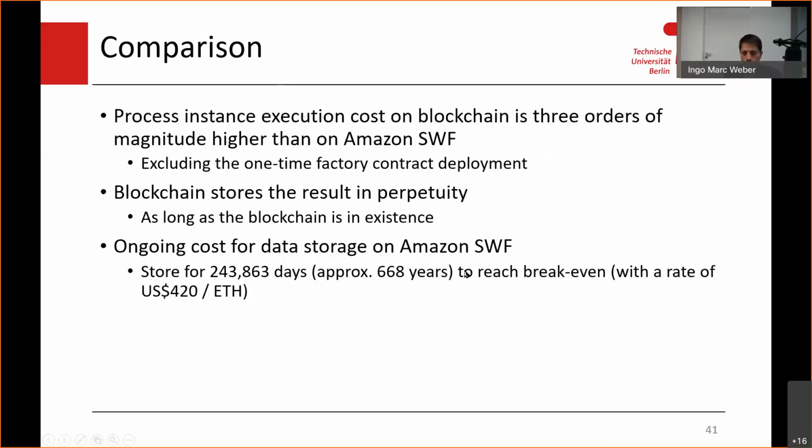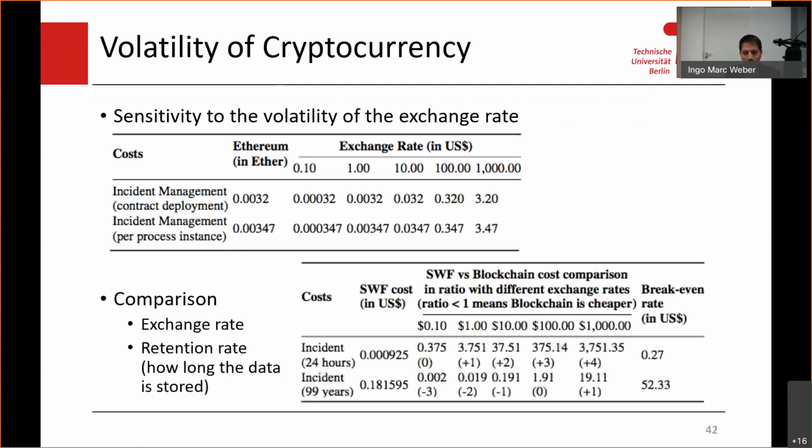And in order to reach break even, right? How long do I have to keep the data on SWF to reach break even for it to be the same cost? That would be 668 years, all right, with the exchange rates that we saw previously. Okay, so maybe you're not that interested in keeping the data stored for quite that long.